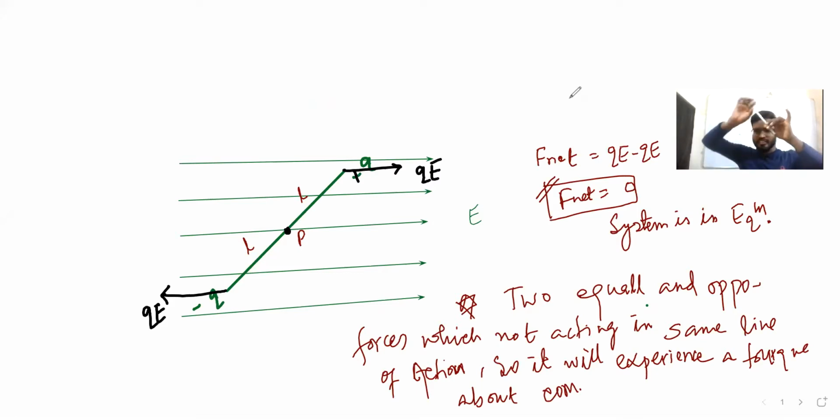So this cannot be the perpendicular distance, the length of the dipole. We have to take this distance, correct? It means ultimately we'll have to take the perpendicular distance in this direction. So let's consider it is acting at an angle of theta, right?